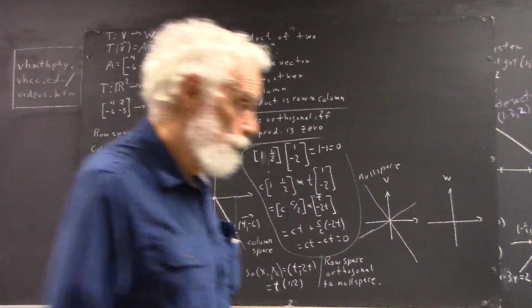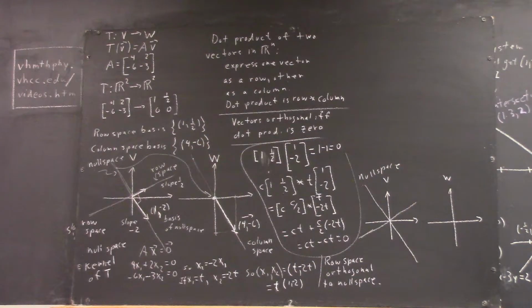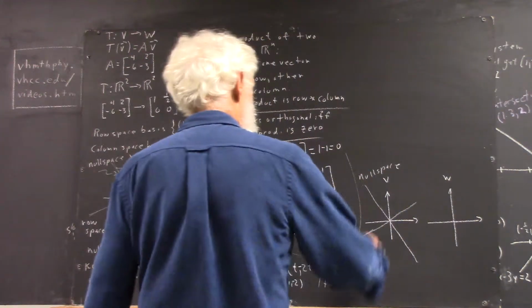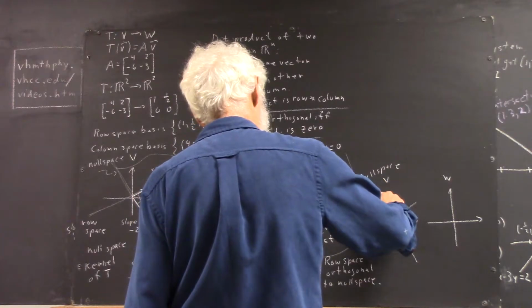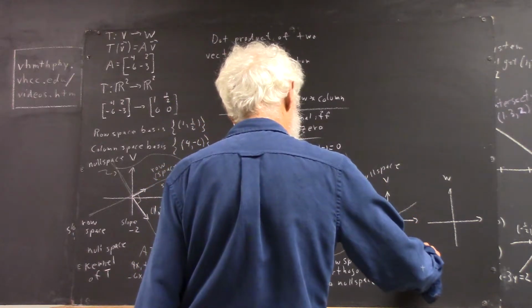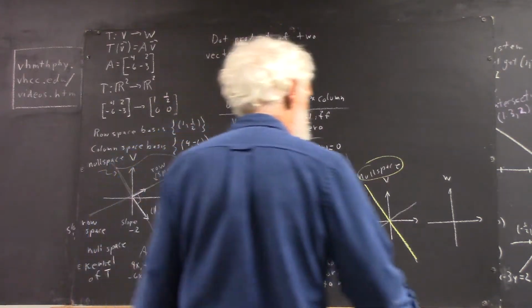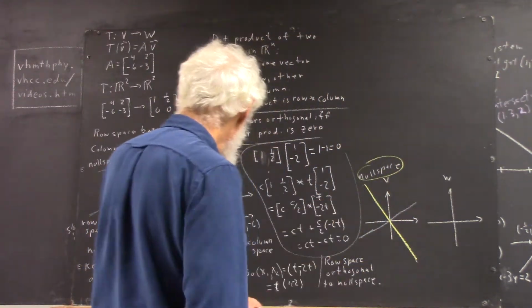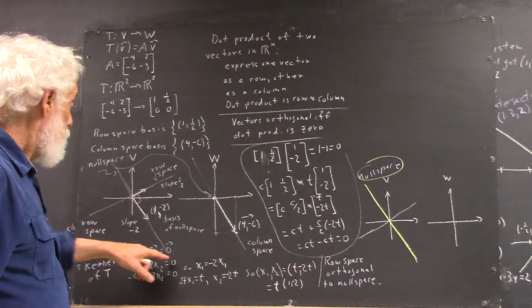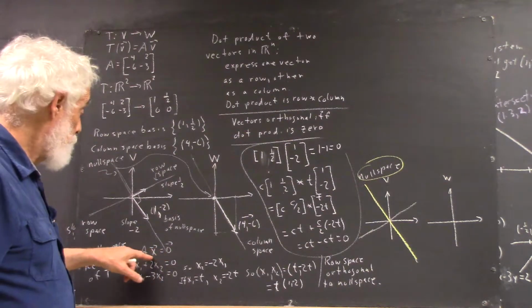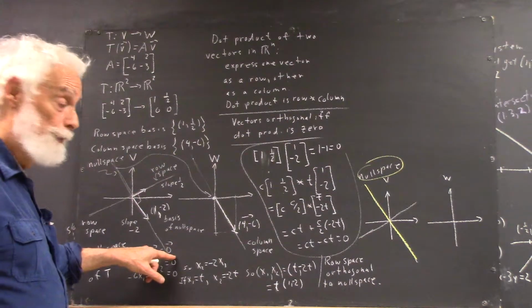Okay? Now let me get a little bit colorful. Okay. I'm going to make the null space yellow, and I'm going to indicate that the null space consists of all the vectors that get taken to 0. So the image of every vector in the null space is 0.